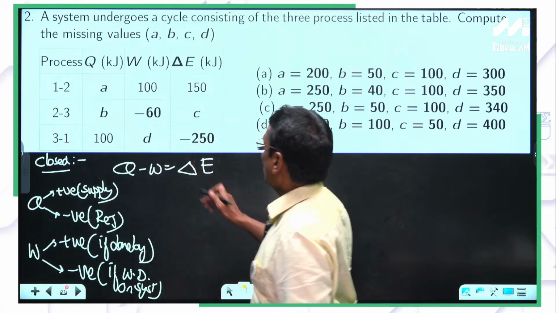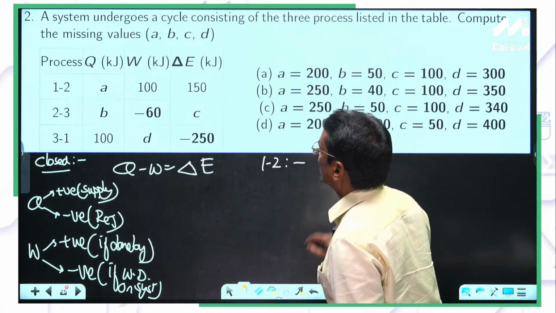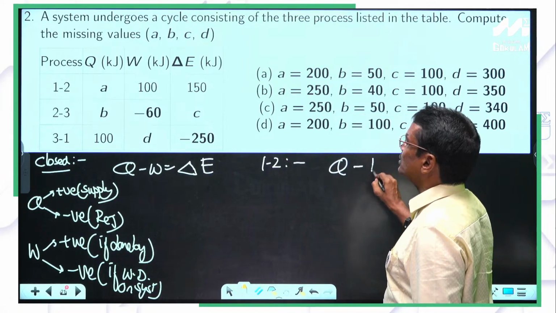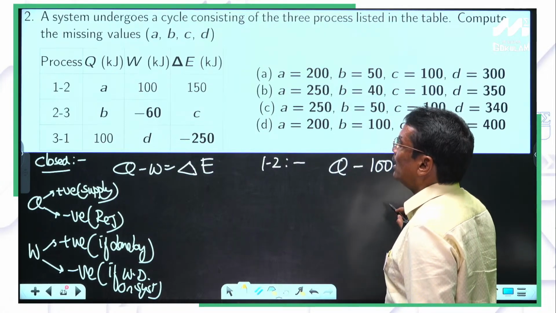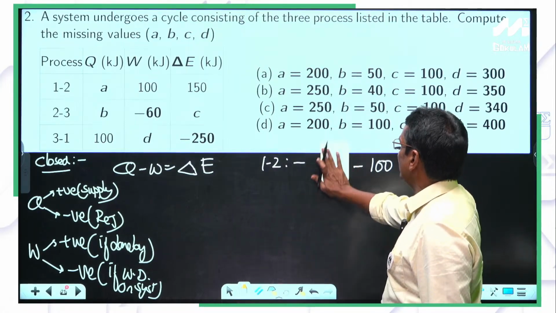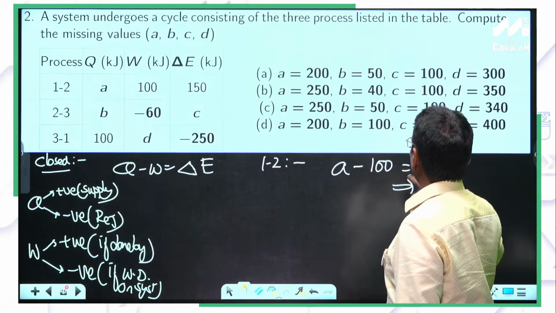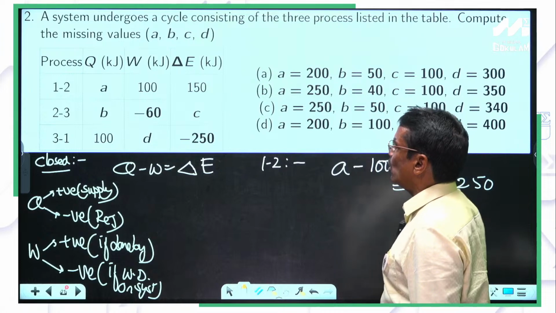Fine. Now consider the process 1 to 2. Q minus W, which is 100, is equal to the change in internal energy, 150. A is Q there, which implies A is equal to 150 plus 100, that will become 250. A, you got it.